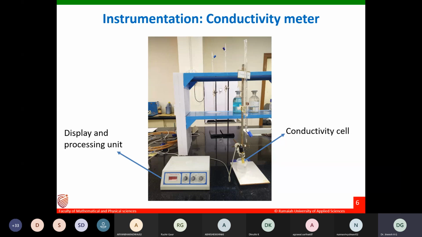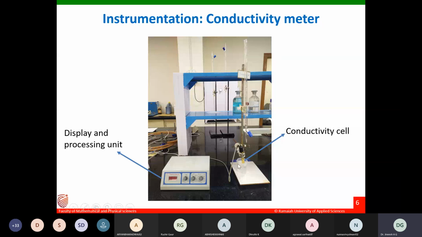Now, our job is to measure conductivity. After measuring the conductivity, we have to find the concentration of the acid. Whichever solution's conductivity you have to measure, you have to take that solution in a 100 ml beaker.